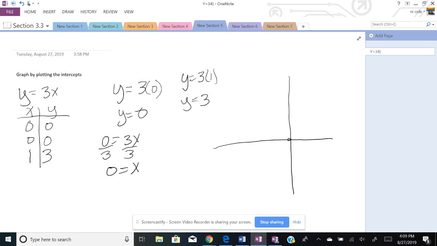So I come in, there's my point 0, 0, and I plot the point and connect the points with the line. Okay? Don't let it frustrate you, but if it goes through that origin, that center point, you will have to pick another point that's not a 0. But this whole section, you should mostly just be picking zeros.